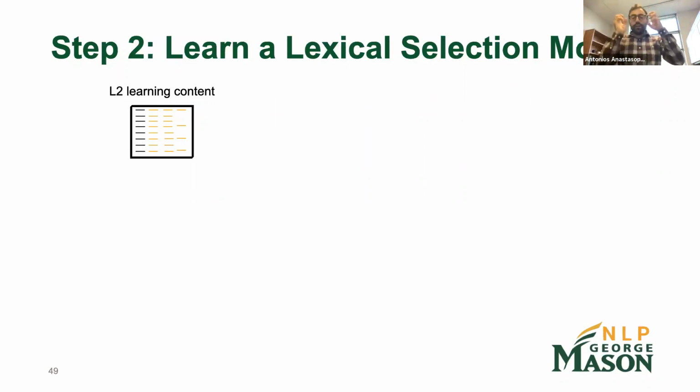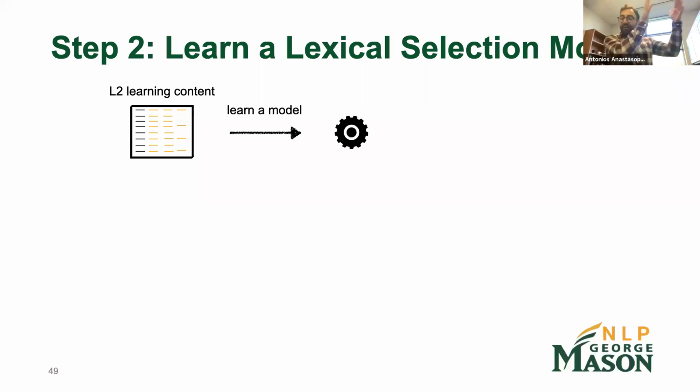So here's what we're going to do, very similar to what we did before. We are going to train a model to perform the task that we want the learners to do, and then extract human or machine readable rules from that model. The model here is basically the following. We're going to have examples of the words that we want to select a translation for, and then learn the model that will do exactly that: select whether the translation, for example, for this instance of wall, given its context, should be muro or pared, right?